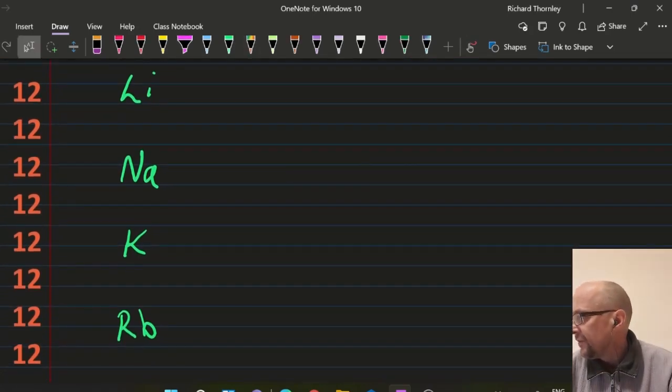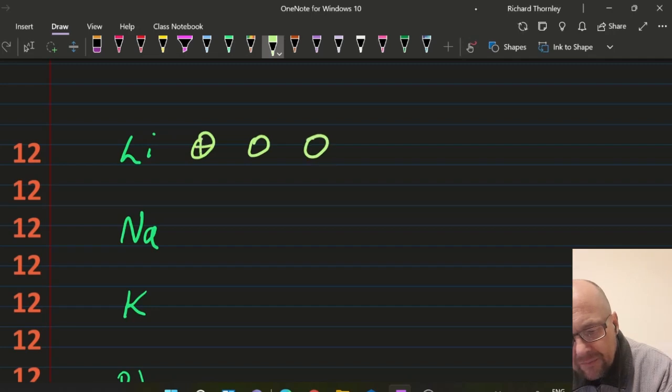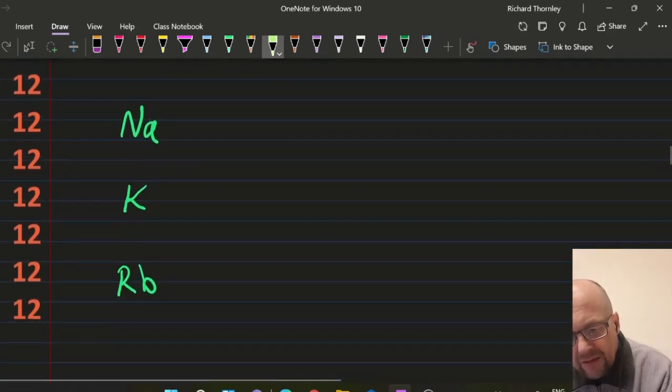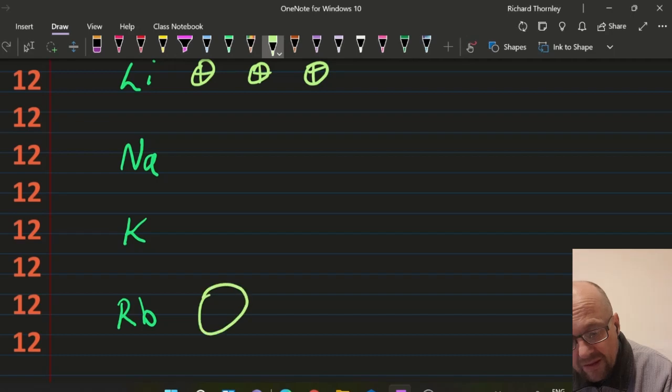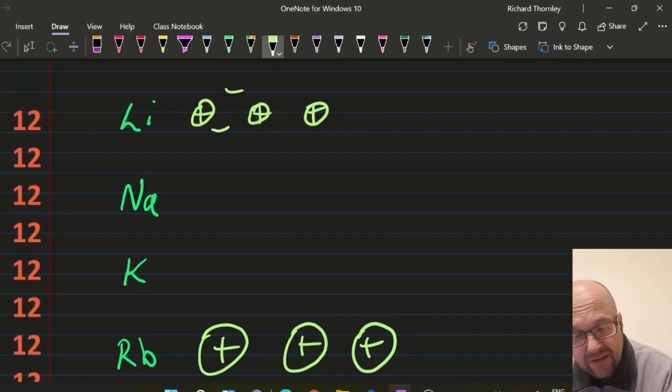Question 12. Which metal has the strongest metallic bond? So lithium's quite tiny. And rubidium, which burns with a ruby flame, is quite big. Each of them drops electrons into the sea, forming +1 ions.